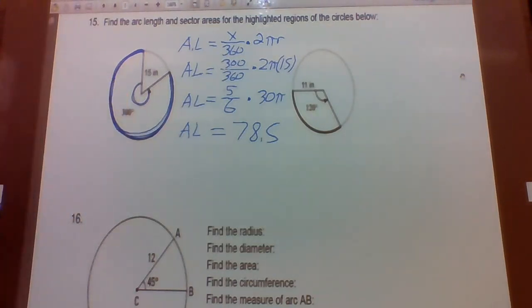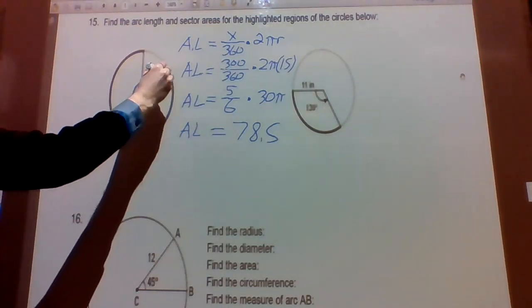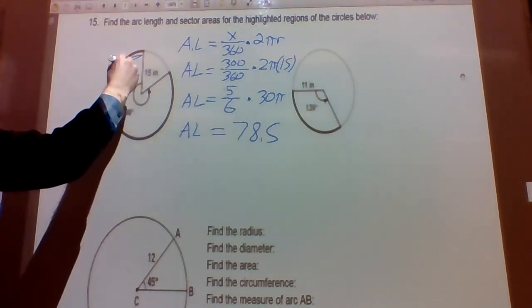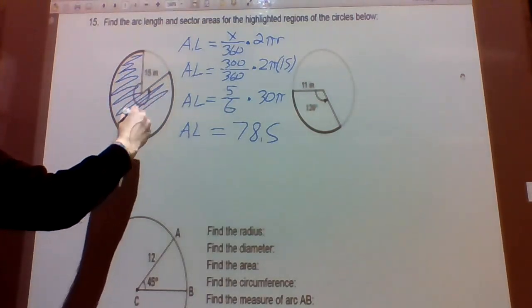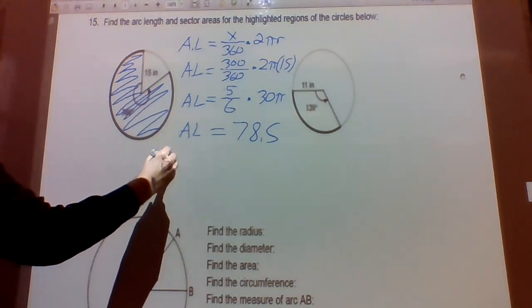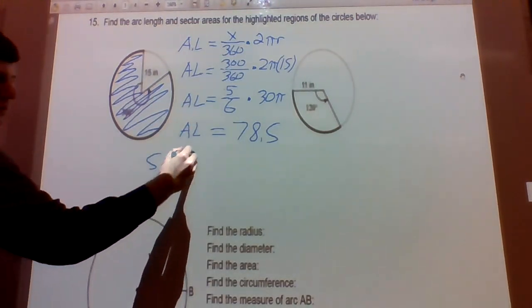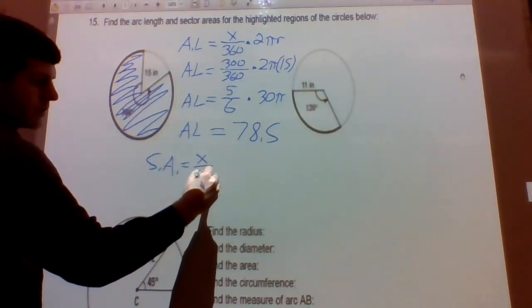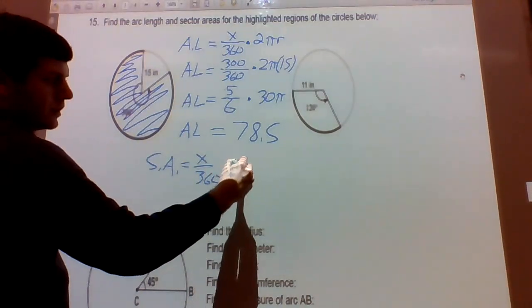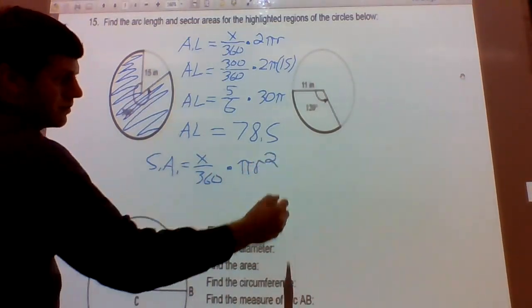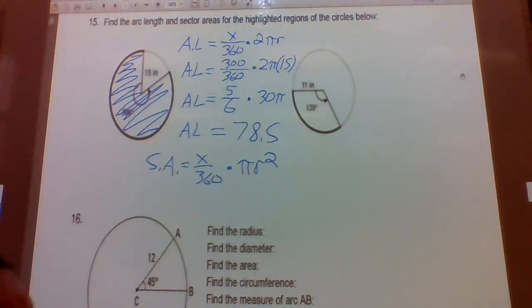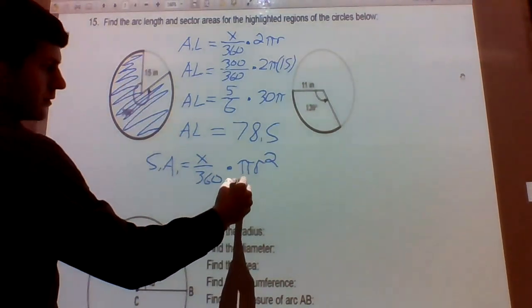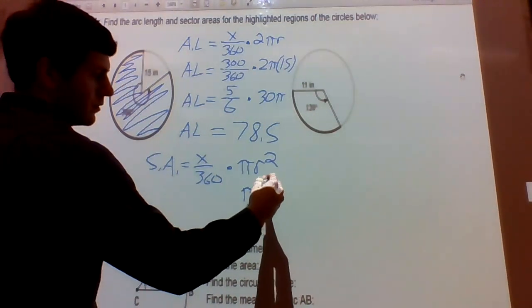To find the sector area, it's very, very similar. We want the area under this arc, so we want this area here. Sector area is going to be the part of the circle we want, which is x over 360, times the area of the circle. The whole area of the circle is pi times 15 squared.